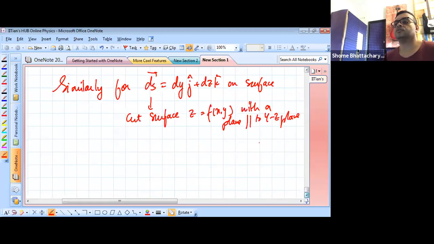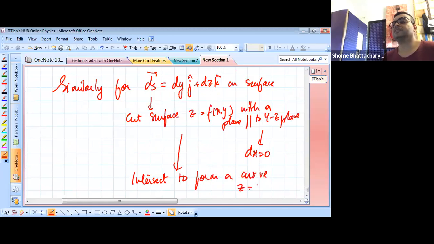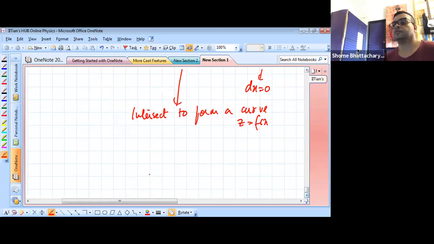On that plane, dx is 0. So it will intersect to form a curve. That curve will represent z as a function of just y, because x is now constant. So the slope of that one is nothing but your del z by del y.